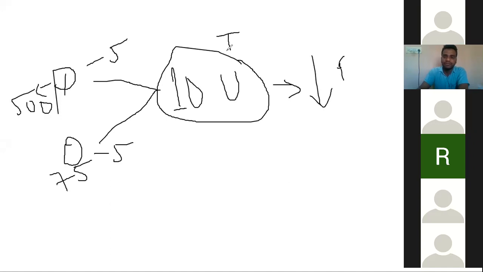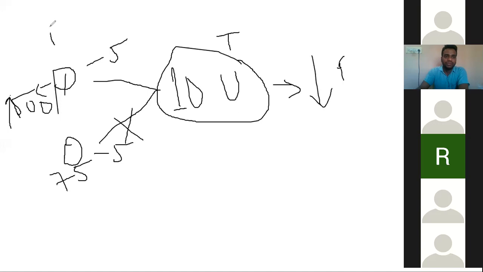Everybody understood this till now? Yes, sir. Now I'm asking you, you have to achieve the 10 units of therapeutic efficacy only by using paracetamol. So what is going to happen now? You have to increase the dose, but the hepatotoxicity will also increase. If you are not using diclofenac, this 500 milligram dose may not be sufficient, and you have to increase the dose, right?